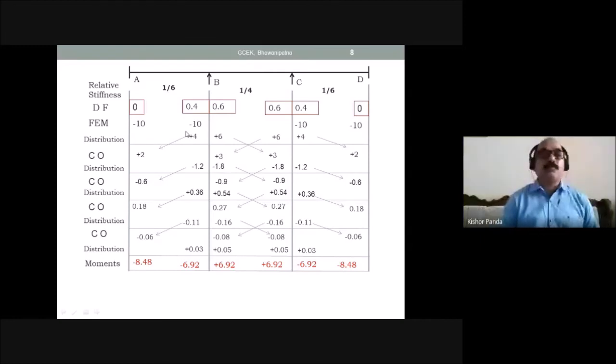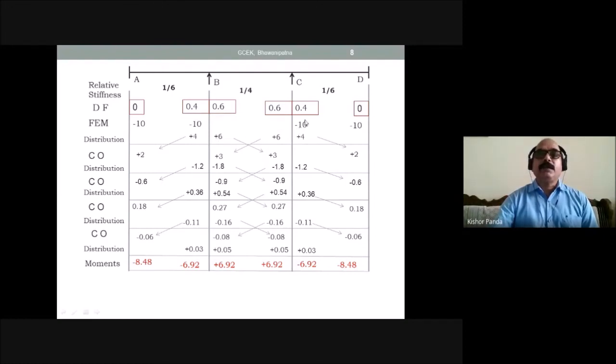Then once again you go for distributing the moment. Here this is minus 10 into 0, 0. What is the net moment at joint B? This is minus 10, and on this side there is no moment, so the net moment is minus 10. You distribute this moment to this side and this side: 10 into 0.4 is plus 4, and 10 into 0.6 is plus 6.